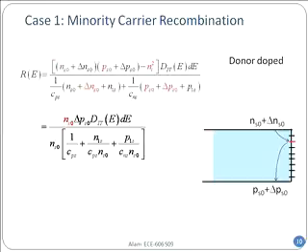Let me give you an example. You'll understand how to think about this. What is Ni? 10 to the power 10 per centimeter cube. Ni squared, 10 to the power 20 per centimeter cube. Keep this number in your head, 10 to the power 20, for silicon. Now let's say I have doped something with 10 to the power 18. If I dope something with 10 to the power 18, how many minority carriers do I have?